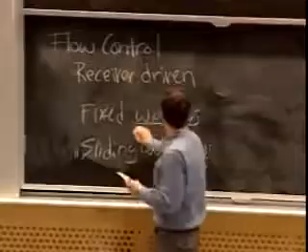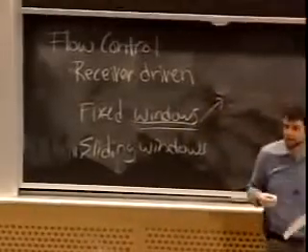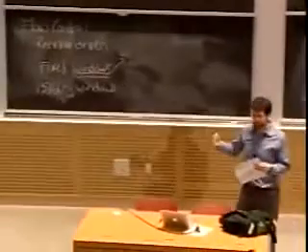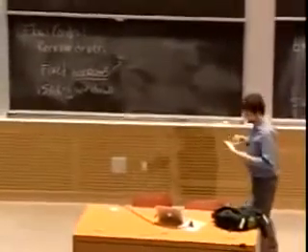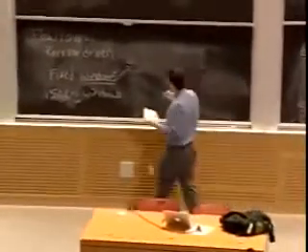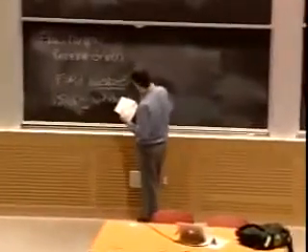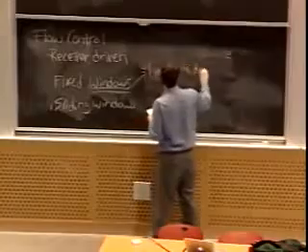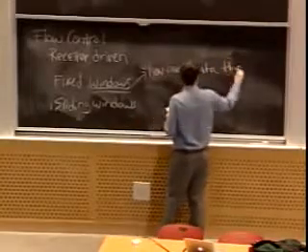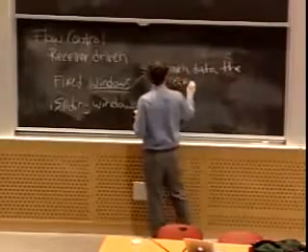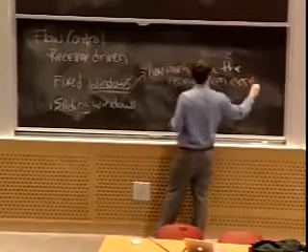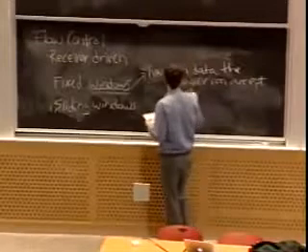Okay, and what we mean by window here is simply the size of the data that the receiver can accept, the number of messages that the receiver can accept at one time.